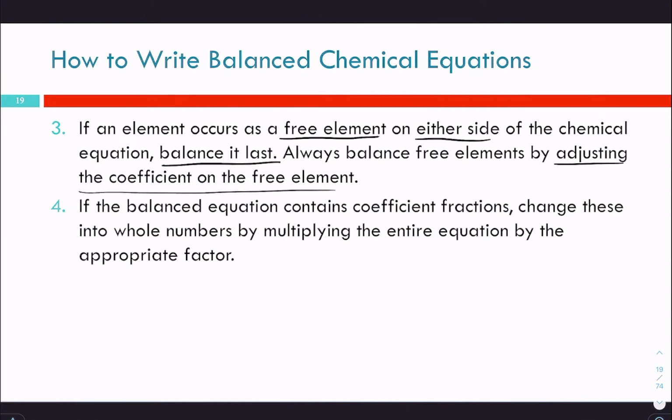Then if the balanced equation contains coefficient fractions, so let's say we had half O2 and we needed 1/2, multiply the entire equation by the appropriate factor. So if you have 1/2, then you multiply the whole thing by 2. Not just oxygen, but everything else as well.